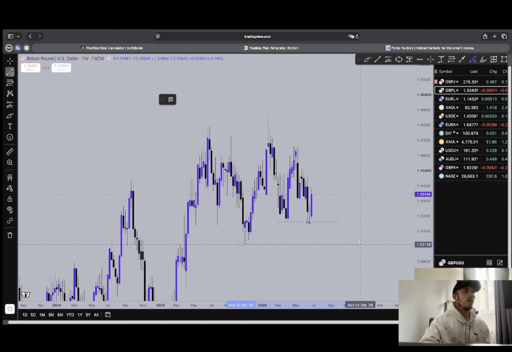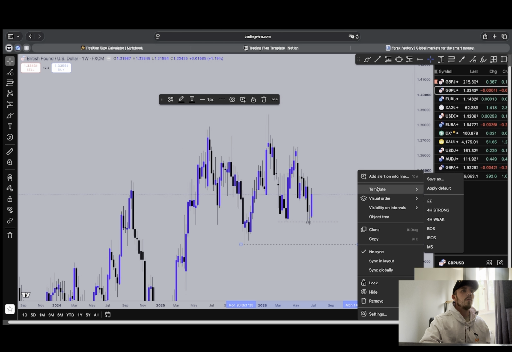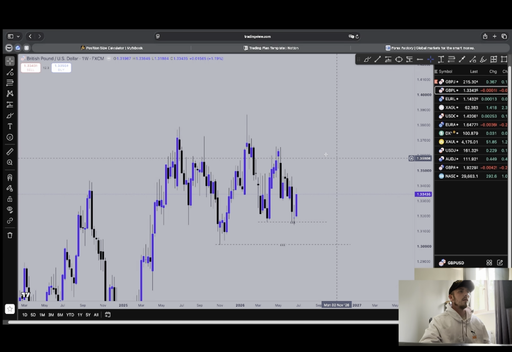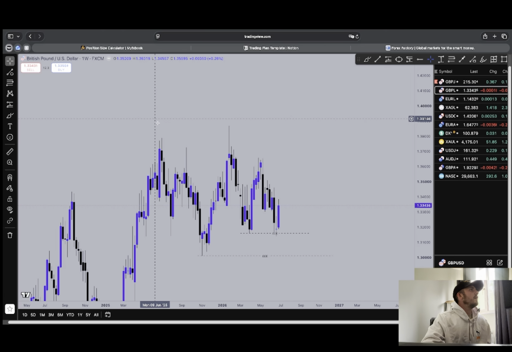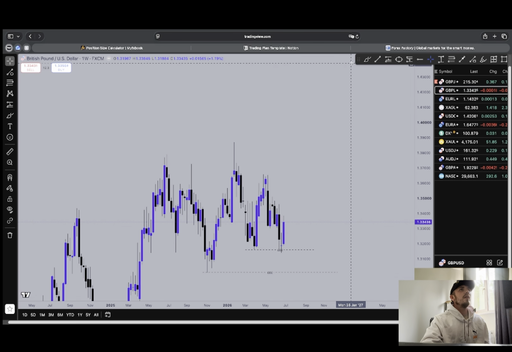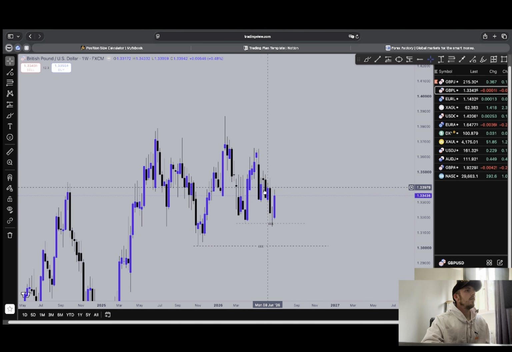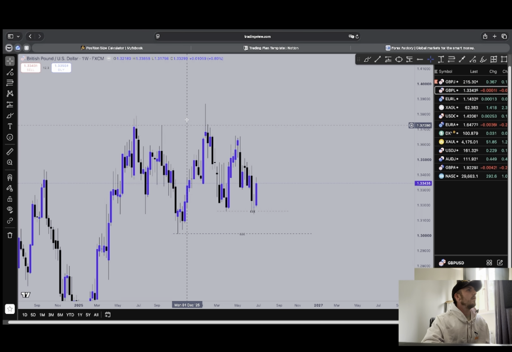So I always start off by marking my weekly liquidity for potential buyers or sellers, and from what I'm seeing, we've got the majority of it.